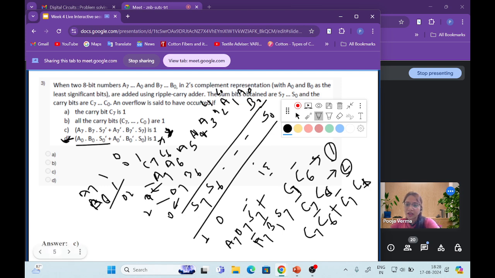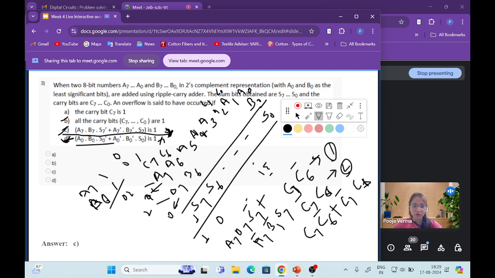Not in that case, where all the carry bits C7 to C0 are 1. Not in that case either, where the carry bit C7 is 1, since if both are 0 it will be 1 only. So in that case also not, so option C is the only correct option. Overflow is said to have occurred if this condition holds.